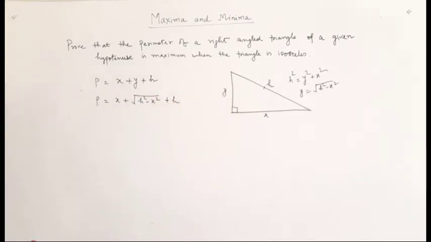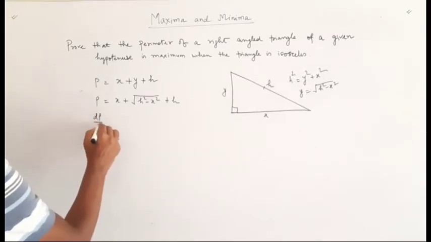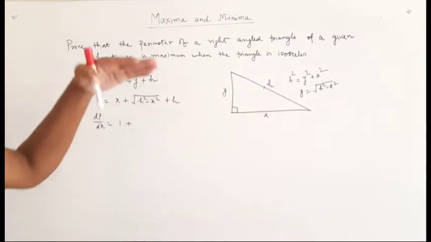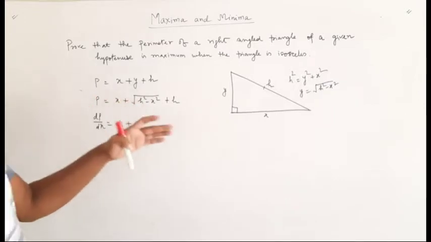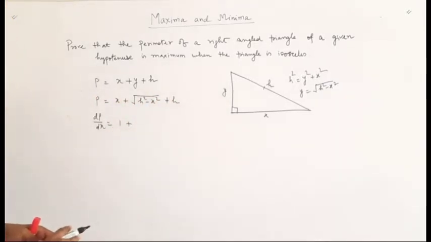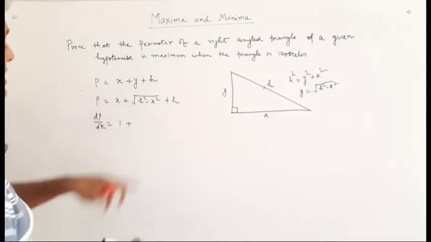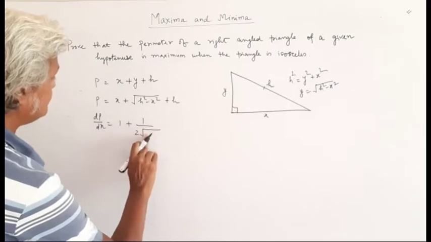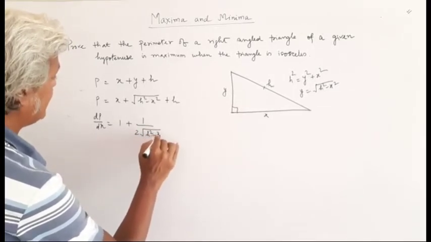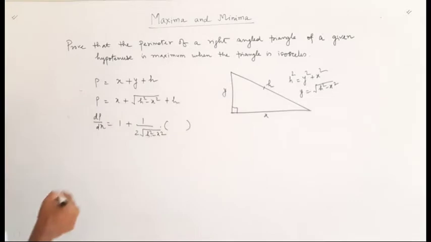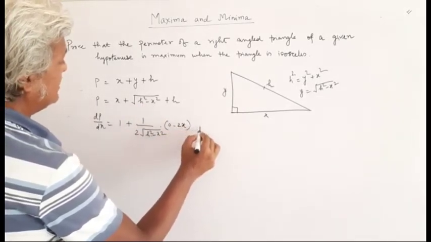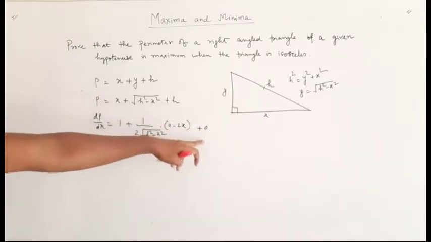Now without wasting time, let's differentiate this P with respect to x. So dP over dx is 1 plus, what is the differentiation of under root? Differentiation of root x is 1 over 2 root x, and differentiation of root something will be 1 over 2 root something, and that is h squared minus x squared, into differentiation of that something, that is h squared, which is a constant, 0, minus 2x, plus this h is already a constant, so its differentiation is 0.